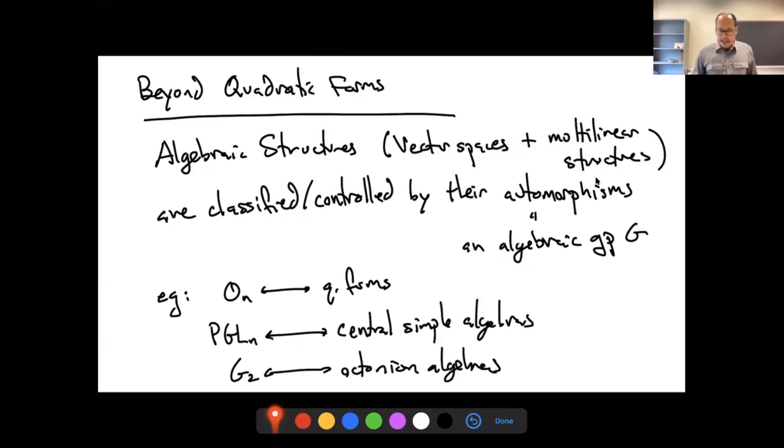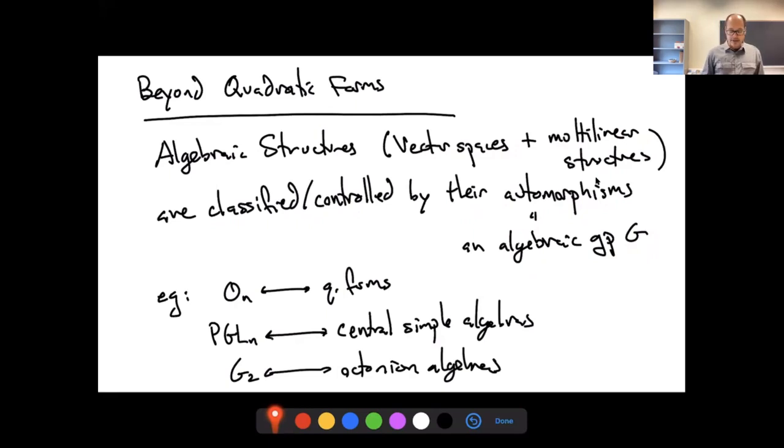It turns out that such things are in some sense classified or controlled by their automorphisms, which form some algebraic groups. They're groups that are described as solutions to some polynomial equations that you can think of as analogs of things like Lie groups.